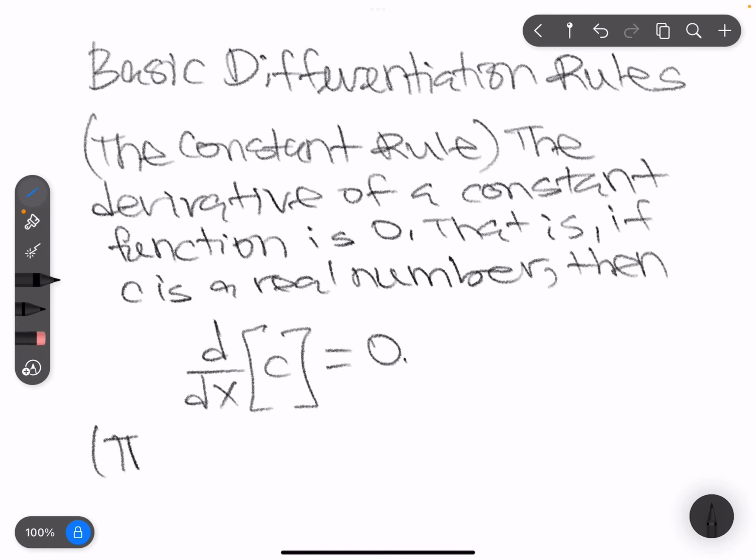Next rule, the power rule. Probably one of the most important rules.